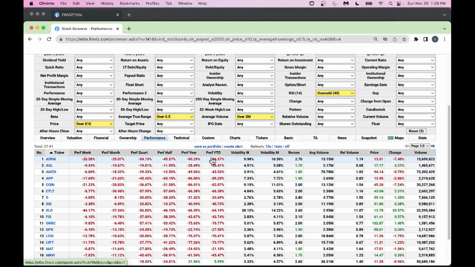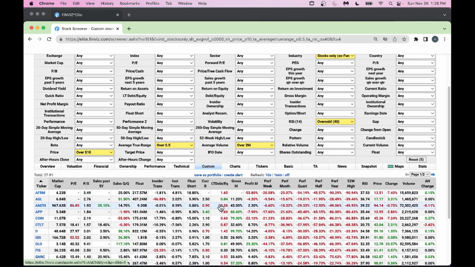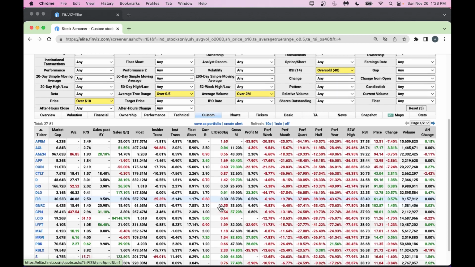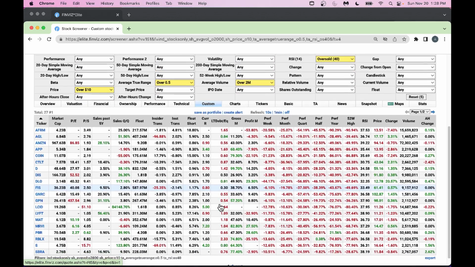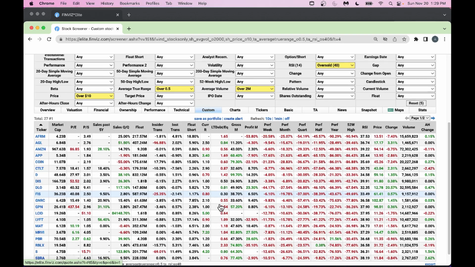So because I got Finviz Elite here, I can just bring up a custom view like I have it here and go from there. And for example, many times when I trade, I really make sure the profit margin is positive, so that way I don't end up in some of these stocks losing money, especially in this market. Companies, Wall Street does not have patience for money losing companies.